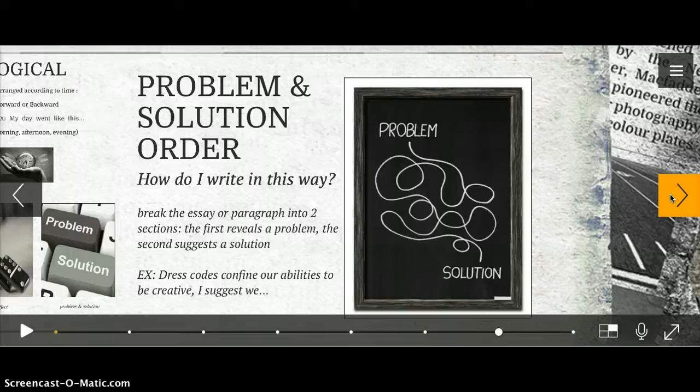So the next one that I want to talk about is problem and solution. And this one is my favorite one because I think this one is the most directly related to writing, because all writing is good problem solving. If you are writing well, then you are writing to solve a problem.